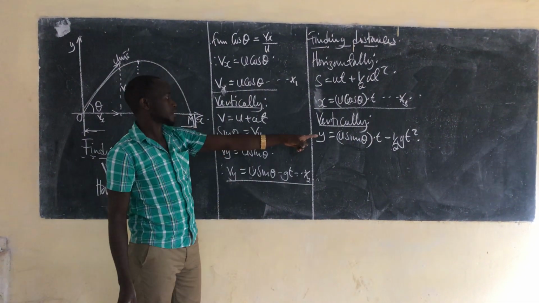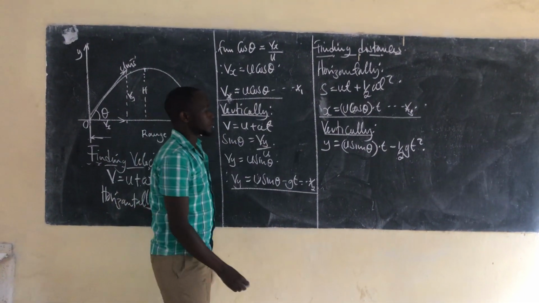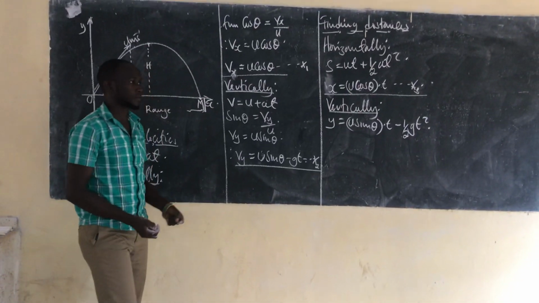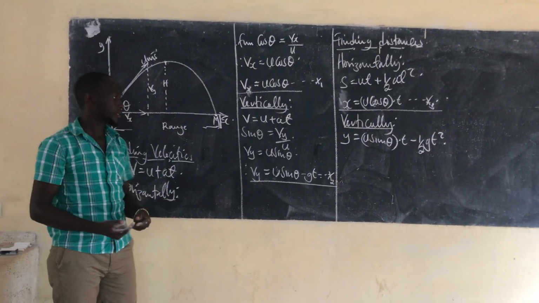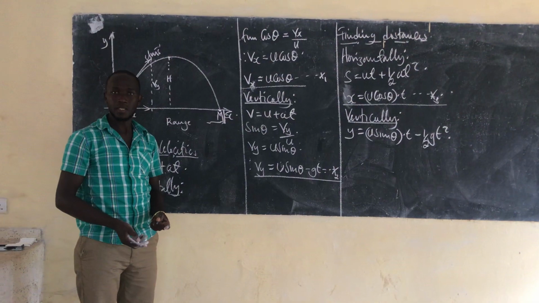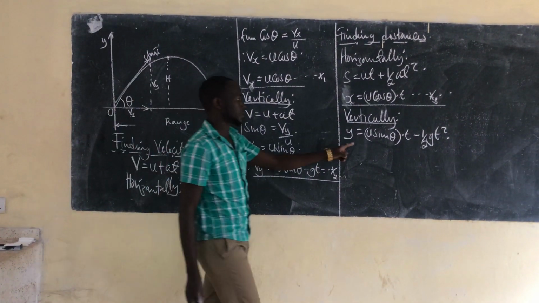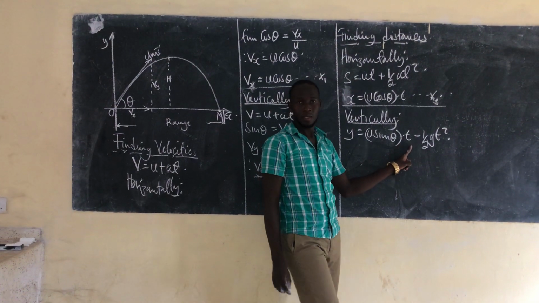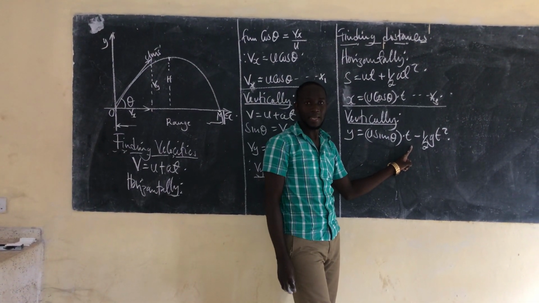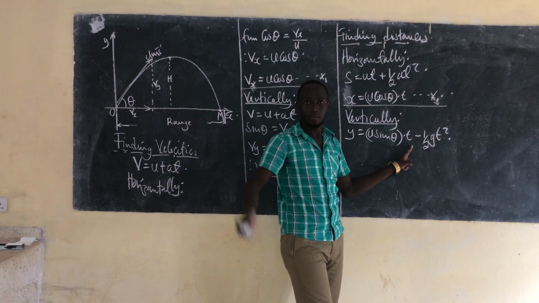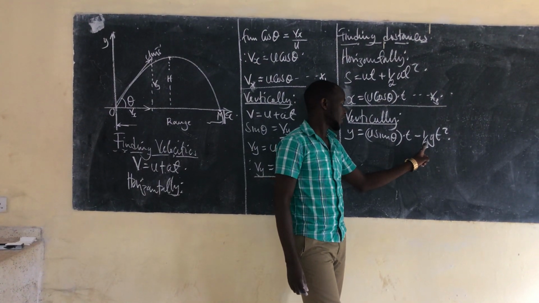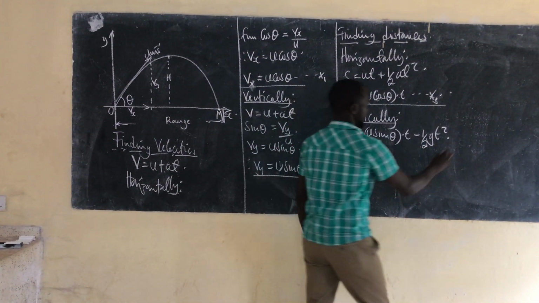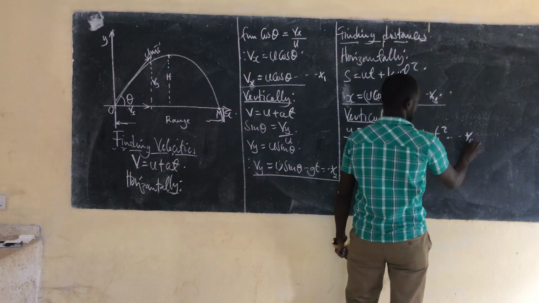If that is the case, so if someone asked, how do I get the vertical distance? Tell this person that the vertical distance is always equal to u sine theta times t, which is time at any point, minus a half gt squared.